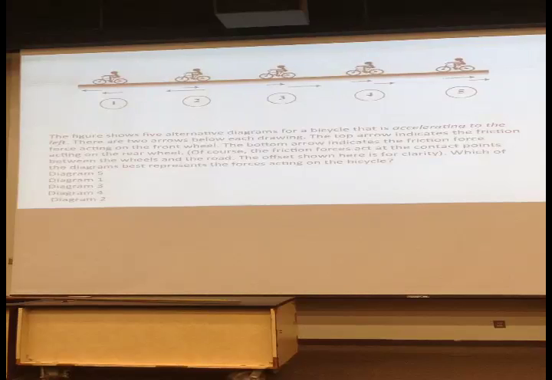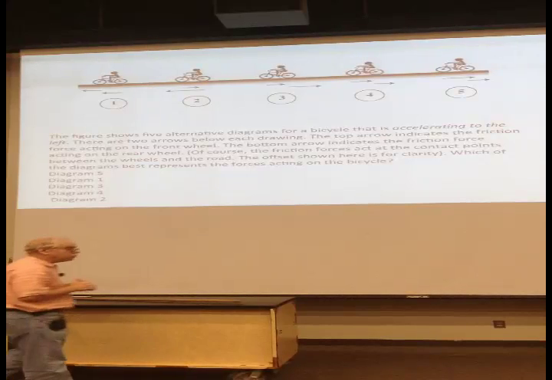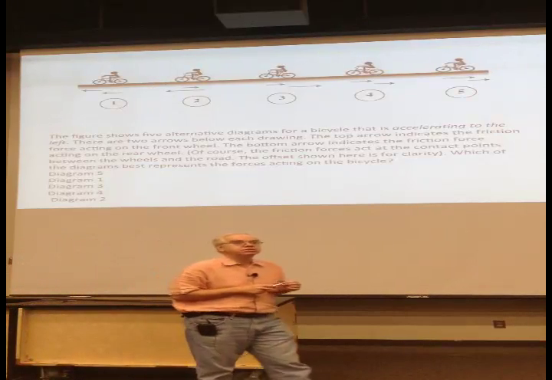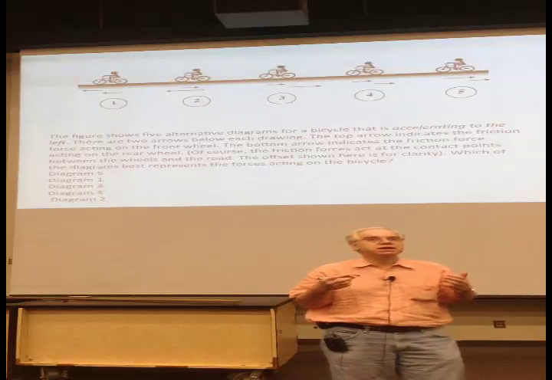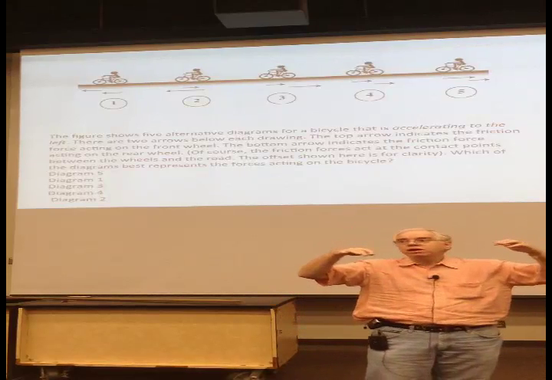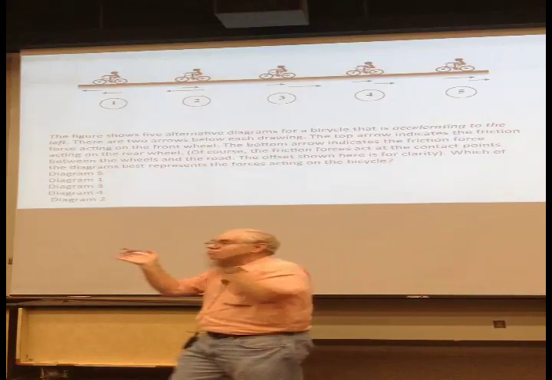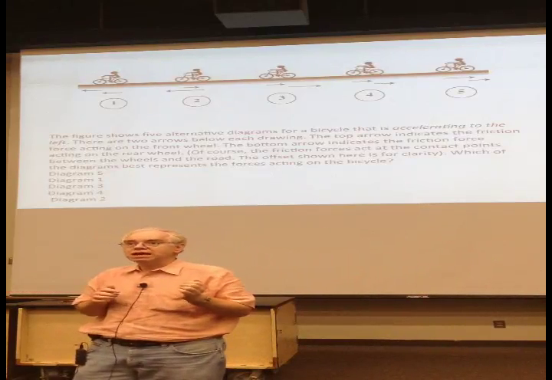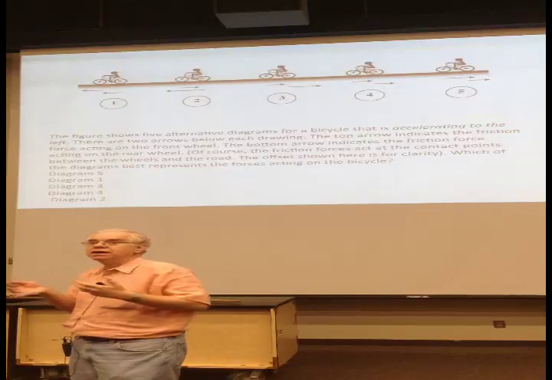One very important, really confusing aspect of friction is when you try to figure out friction in objects which have moving parts, like, for example, a bicycle or a car.